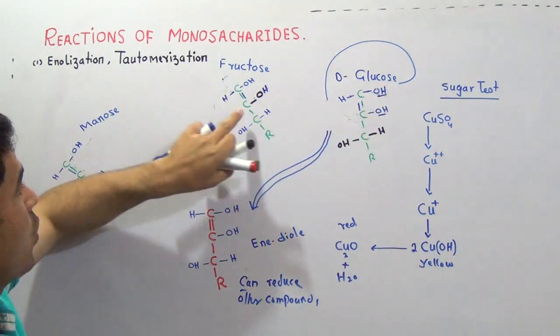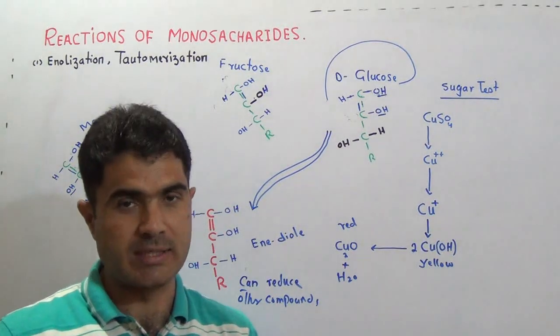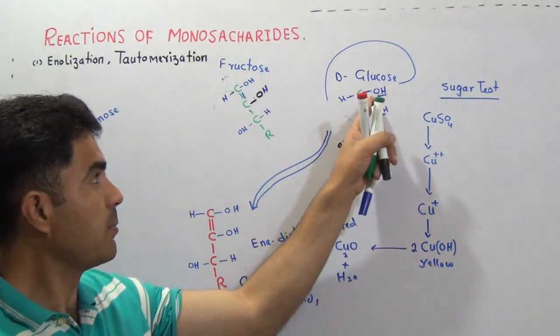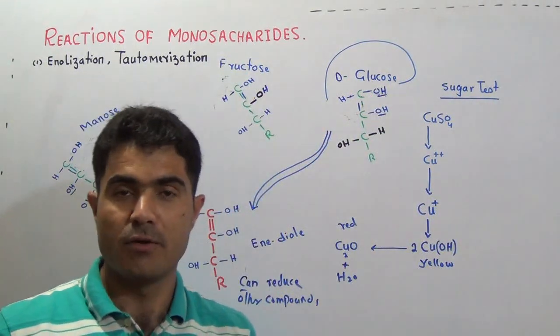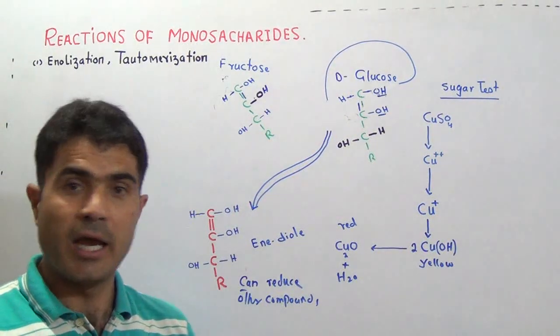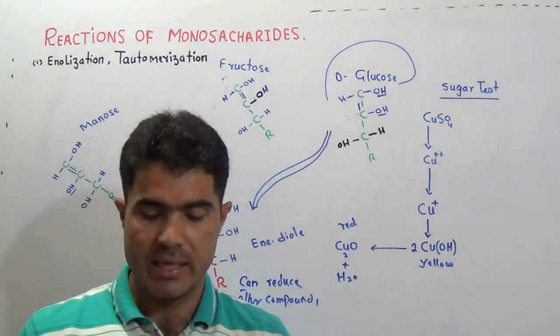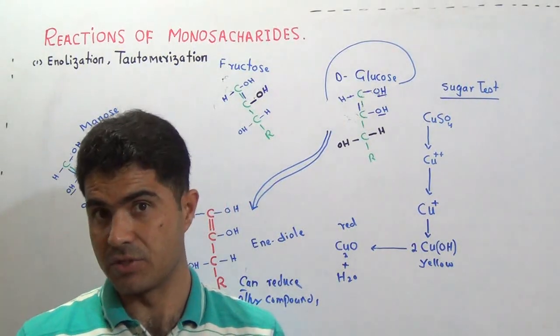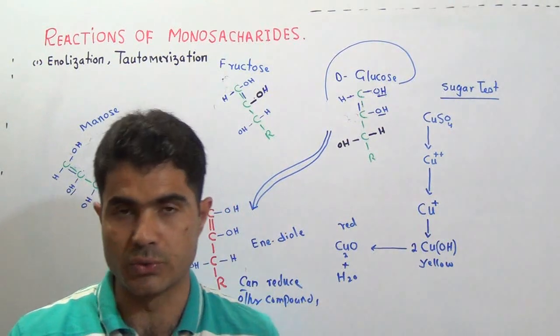In fructose also we have a free ketonic group. So these aldehyde or ketonic carbons are responsible for the reducing action, because these can make enediol.